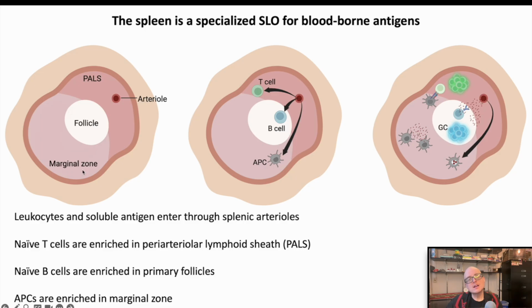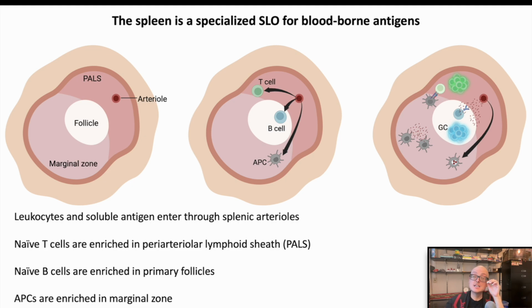This is where a large population of antigen-presenting cells, like dendritic cells and macrophages, are residing. They are poised there to encounter antigens and pathogens that are coming in through the blood, to phagocytose them, process them, and then present them to naive T cells.